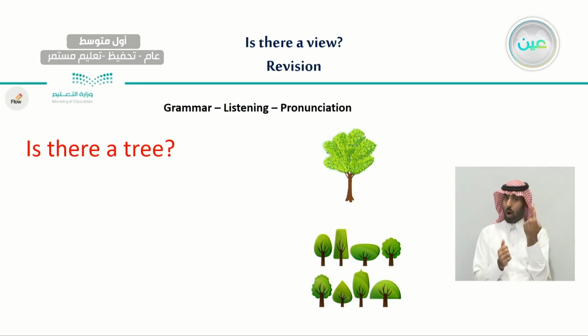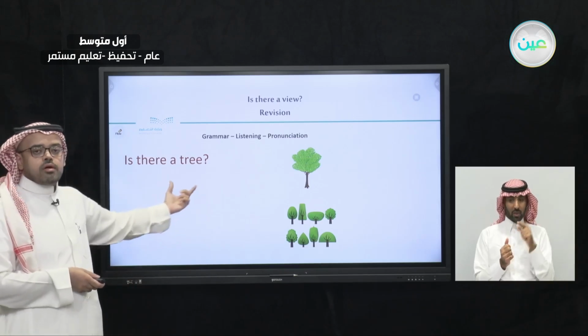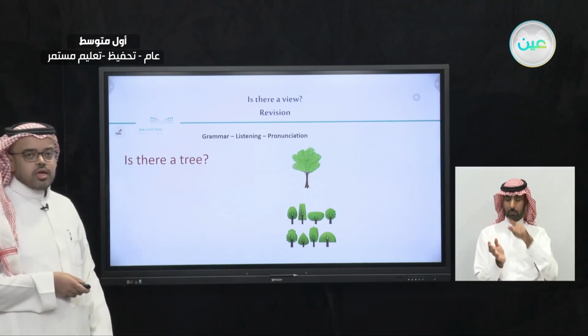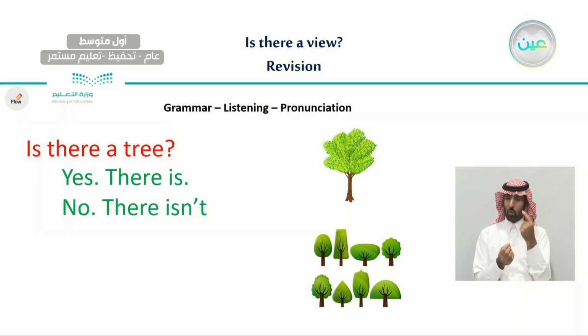If you want to make a question with there is and there are, all we have to do is put is at the beginning of the sentence and then put a question mark at the end. So the question will be, is there a tree? This is the question. And all the questions that start with is, we call yes or no questions. So the answer will be either yes, there is a tree, or no, there isn't a tree.